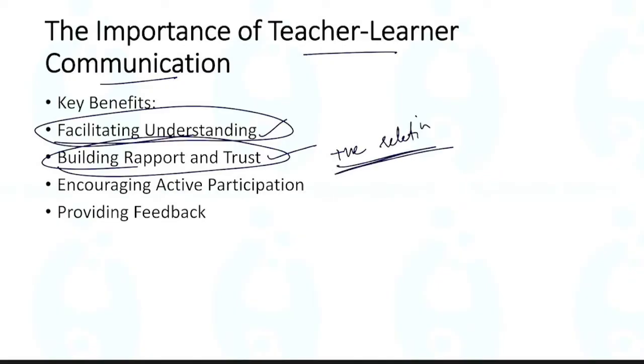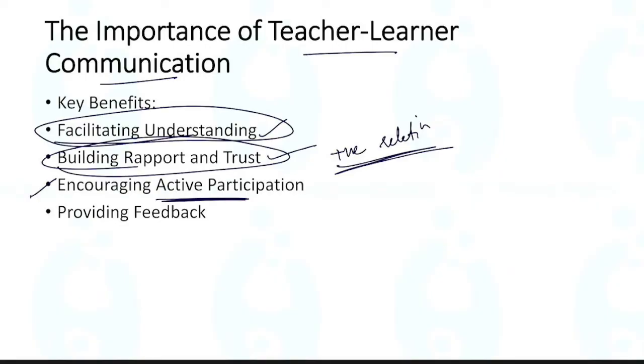So next one is encouraging active participation. If the teacher is boring, in simple terminology, or maybe angry, or certain negative emotions are there in the teacher which the students can perceive, that will not lead to any active participation. So effective communication from the teachers will encourage the students to participate actively.